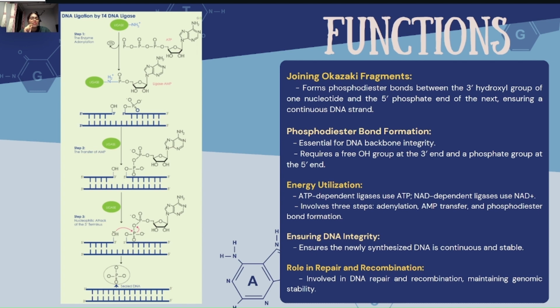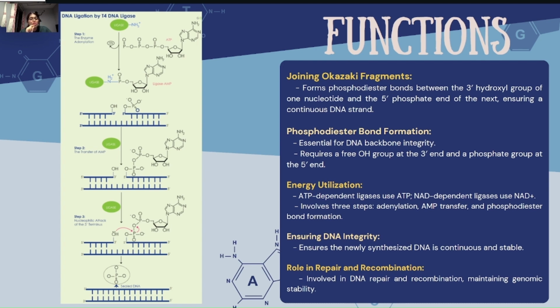Then there is phosphodiester bond formation. This bond formation is essential for the integrity of the DNA backbone, requiring a free OH group at the 3' end and the phosphate group at the 5' end, much like how precisely this work can be done.